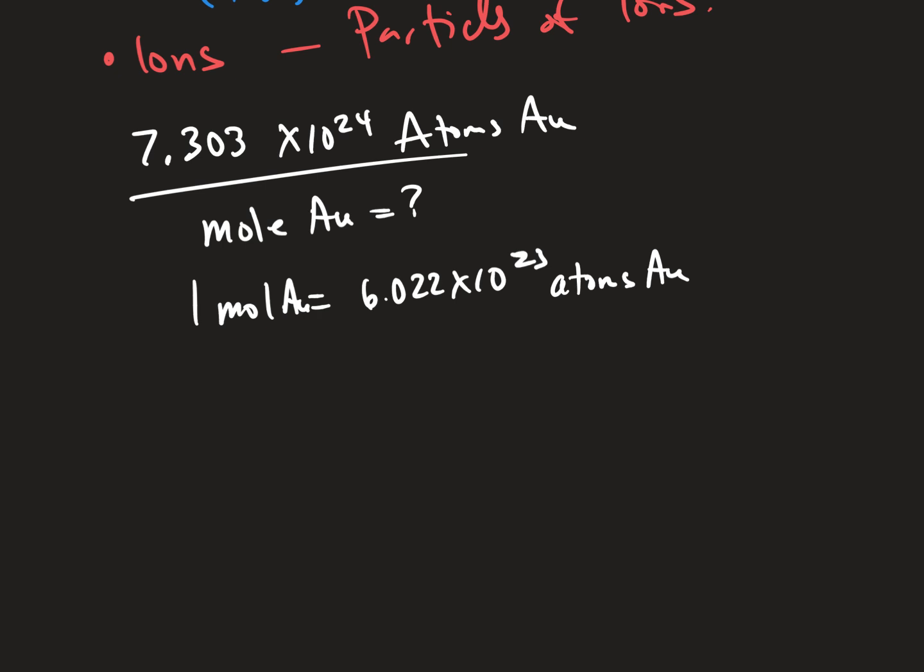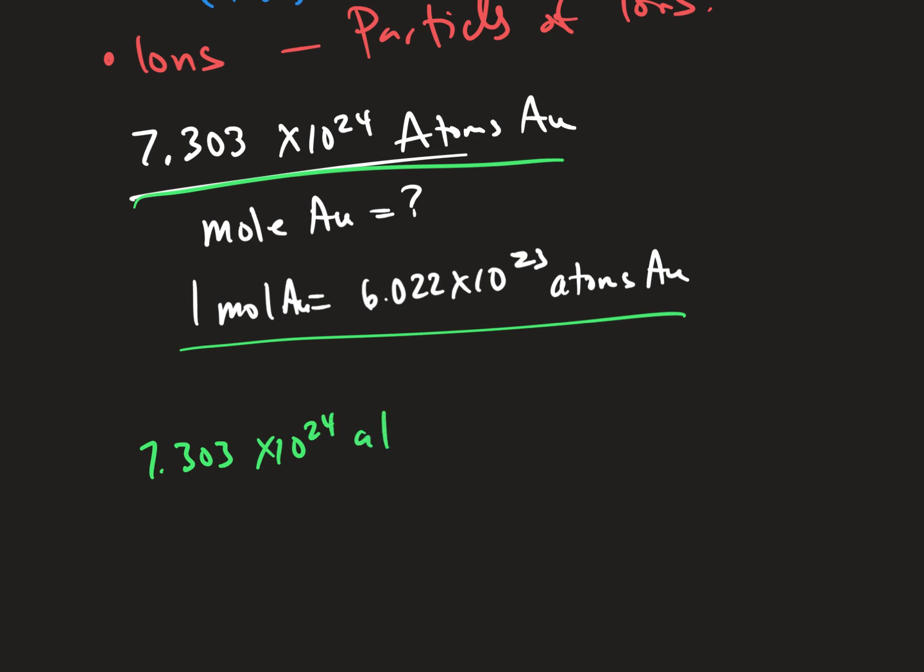So let's start either with this or with this. Which one do you want to start with? The top one, because it's simpler, right? 7.303 times 10 to the 24 atoms of gold. And ladies and gentlemen, write down everything.